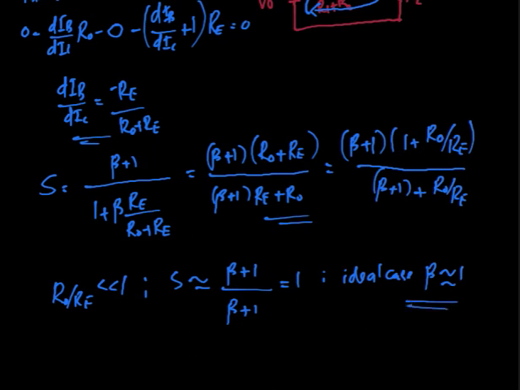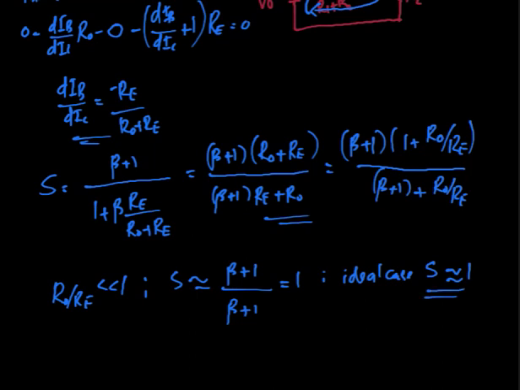So this is the ideal value for the stability factor. So for a voltage divider arrangement, if we set R0 by RE very small compared to 1, then we can obtain the stability factor approximately equal to 1.